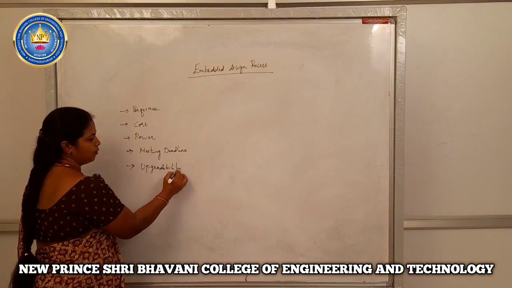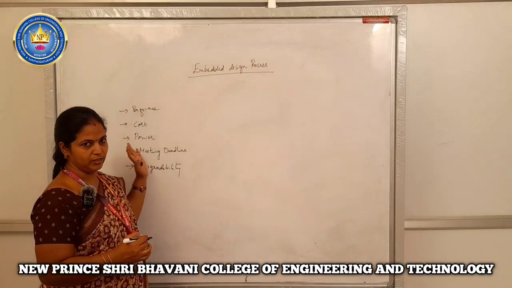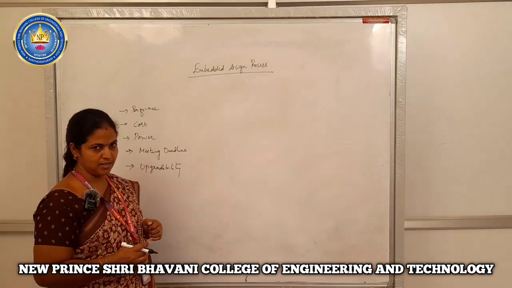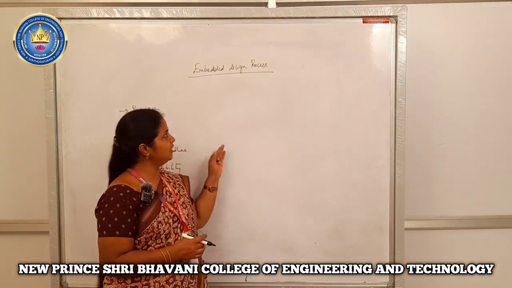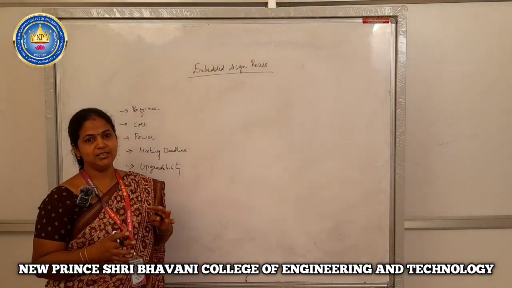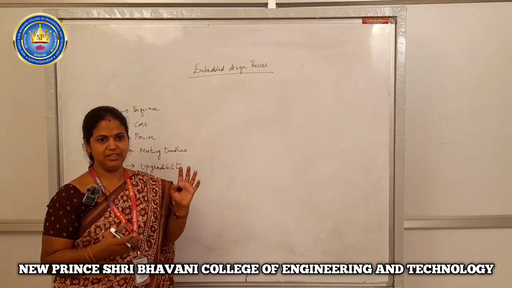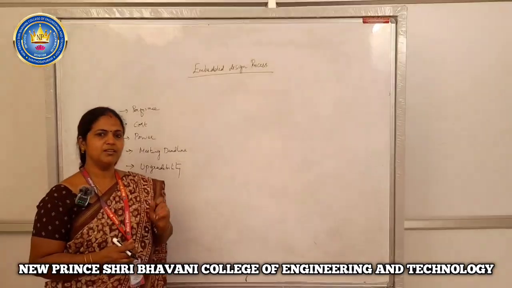These are the very important aspects which we have to look into before we move into the design process of the system. Next, why do we need this design process, or design methodology? There are three reasons.